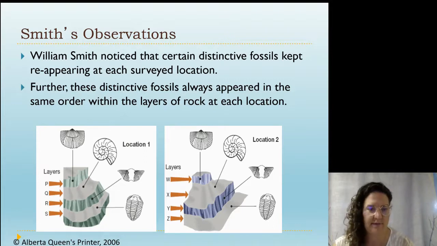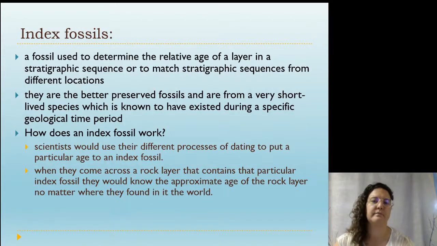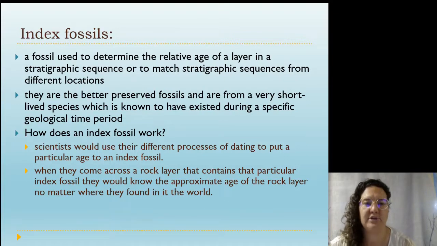So if we look at these two rock layers, rock layer Y is going to be the same relative age as rock layer R at this location because they contain the same index fossil. So an index fossil is used to determine the relative age of a layer in a stratigraphic sequence, or to match stratigraphic sequences from different locations.